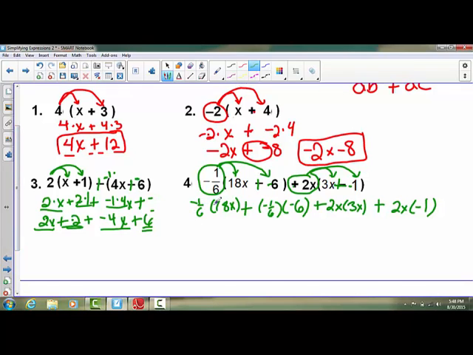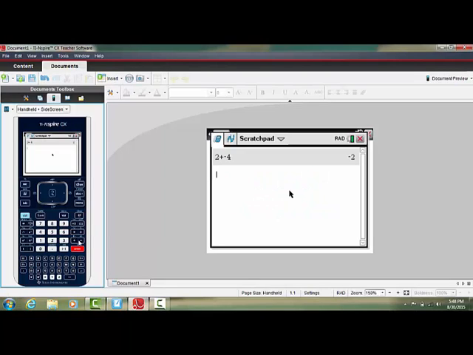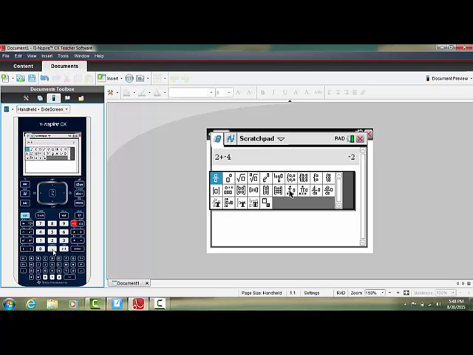All right, so negative 1/6 times 18. Hopefully you'll remember that you multiply negative 1 times 18, so you get negative 18 divided by 6. But if you don't, remember you've got your calculator. Go ahead and use it. So you get your fraction.